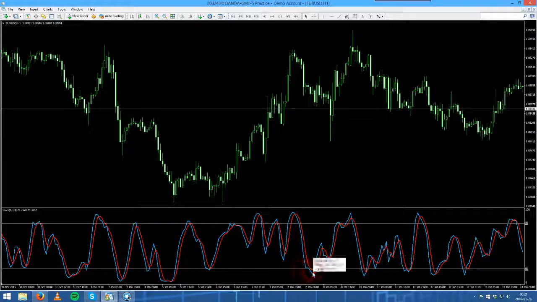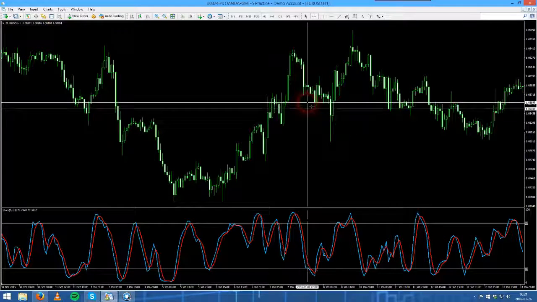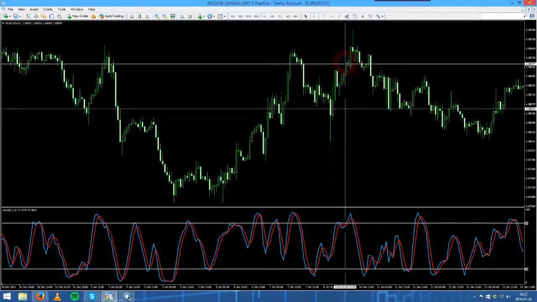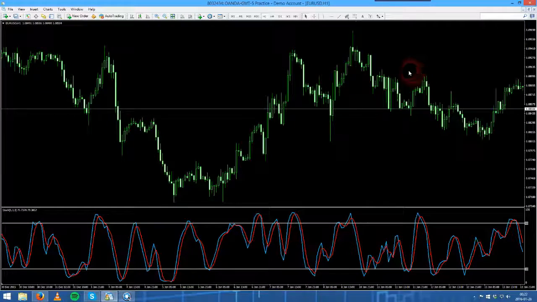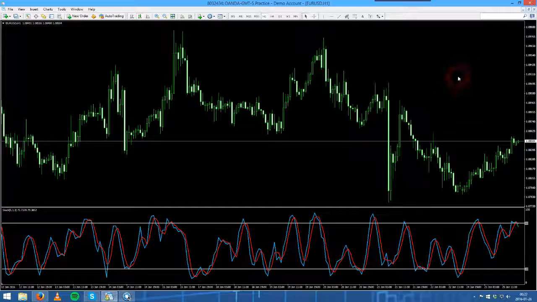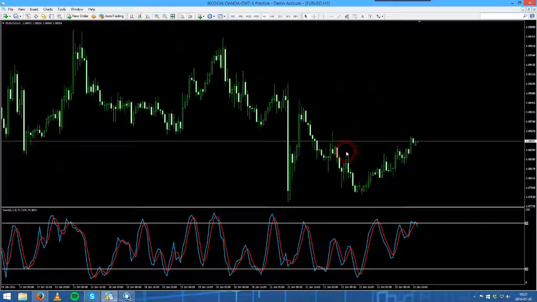And as you can see, the next oversold area that touched the 20 line and even crossed it was up here, right before it continued up again. So that's what the stochastic tells you, and those are some of the things that stochastic oscillator tells you. For now, just focus on learning how to spot these areas.